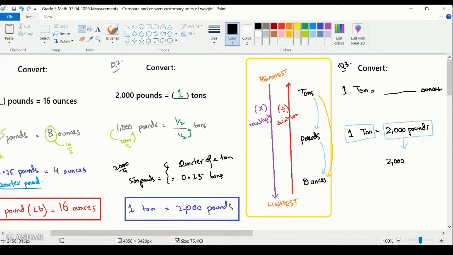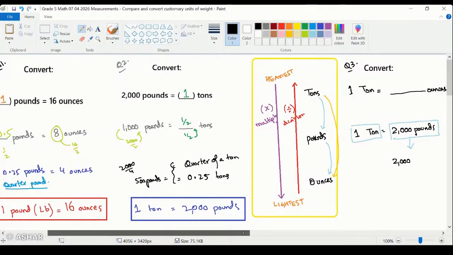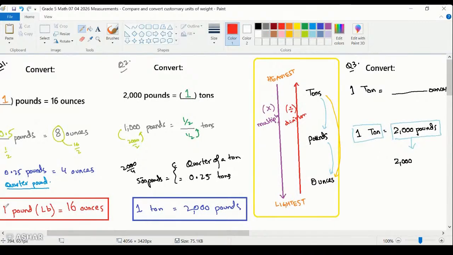And what was the conversion between pounds and ounces? We knew that 1 pound was 16 ounces, right? So in place of pounds, we do the conversion, multiply, because we are going from the heaviest, that was tons, towards the ounces.